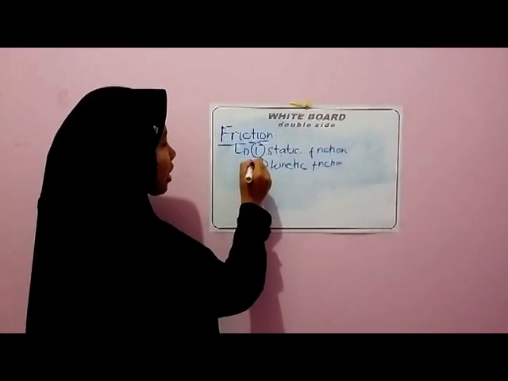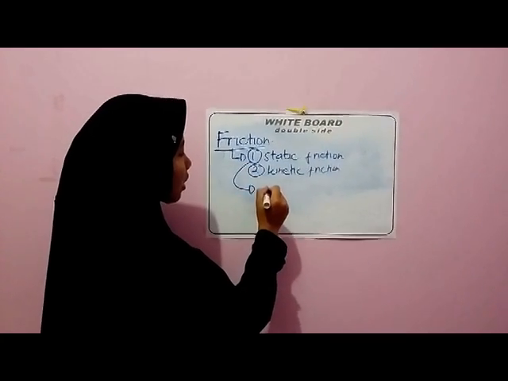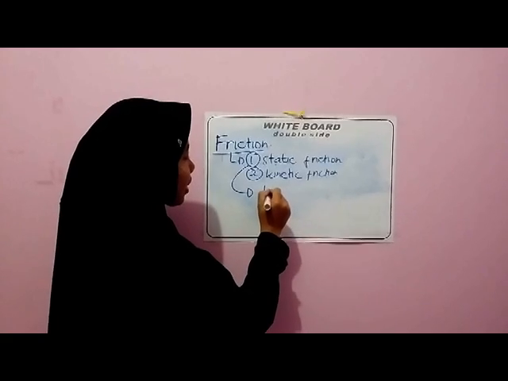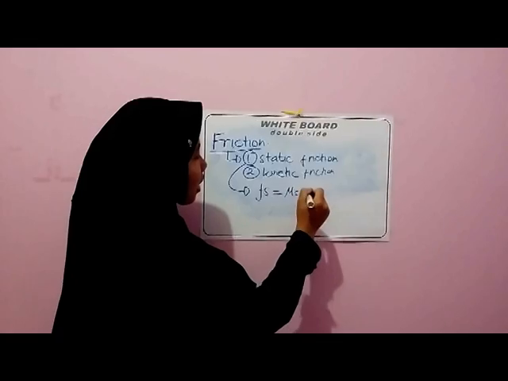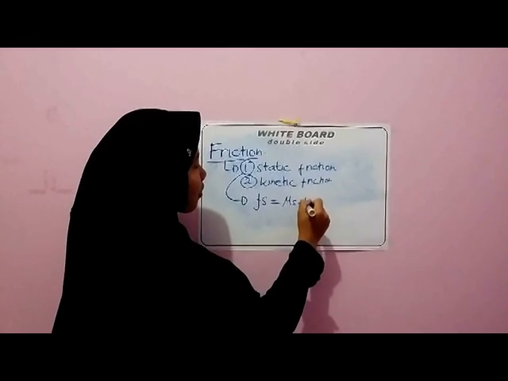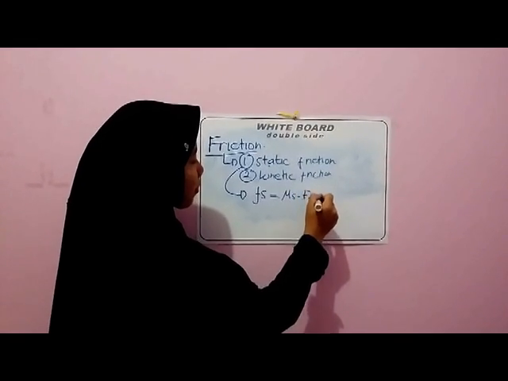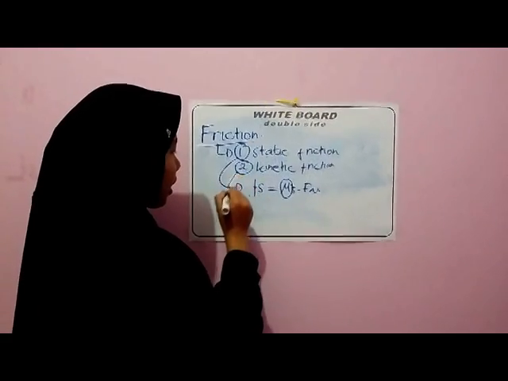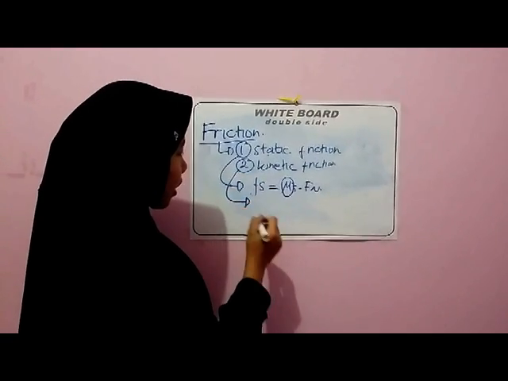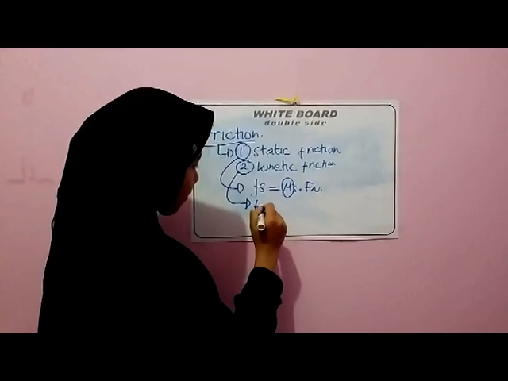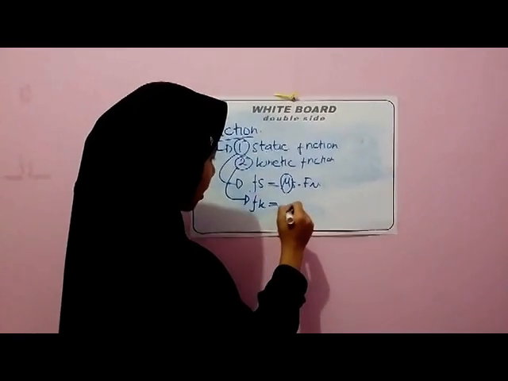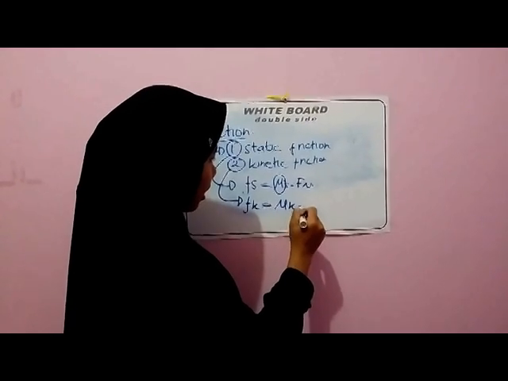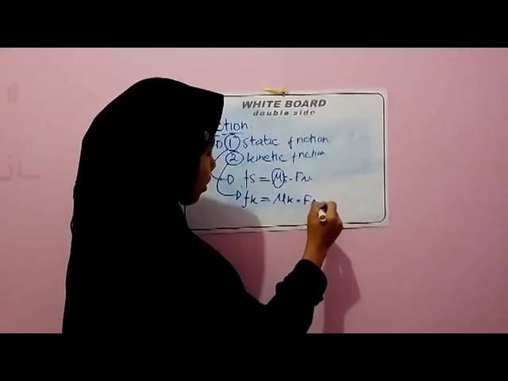Static friction has the equation: static friction is equal to mu s times normal force. And kinetic friction has the equation F is equal to mu k times normal force.